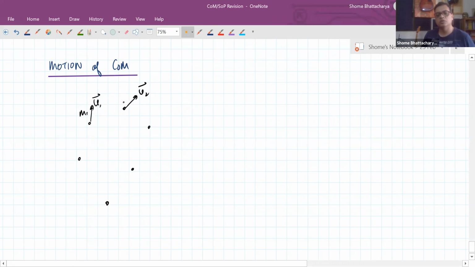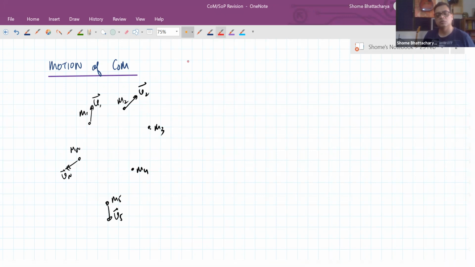So maybe some of them are moving and some of them are not moving, or all of them are moving, it doesn't really matter. But as long as at least one of them is moving, the center of mass will also be moving. So the center of mass will also be in a state of motion.